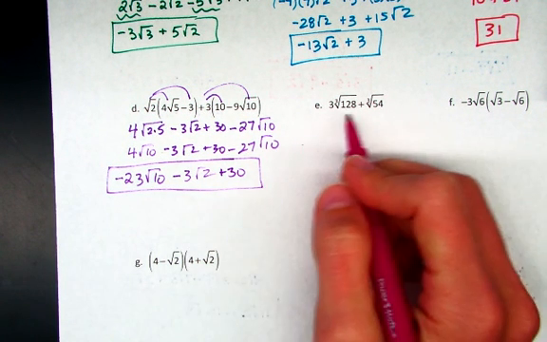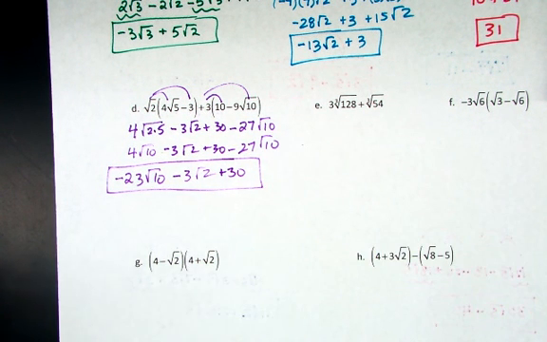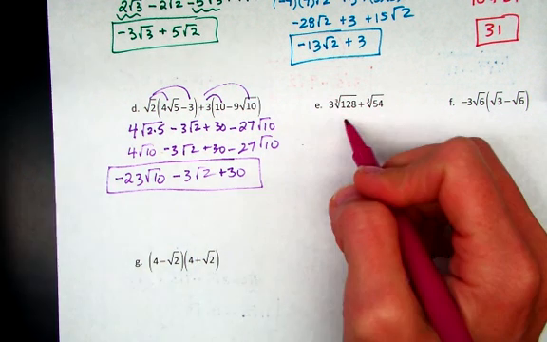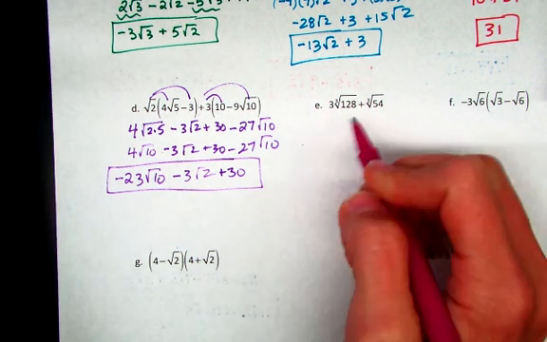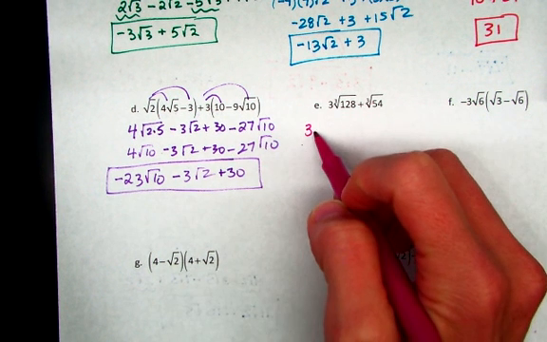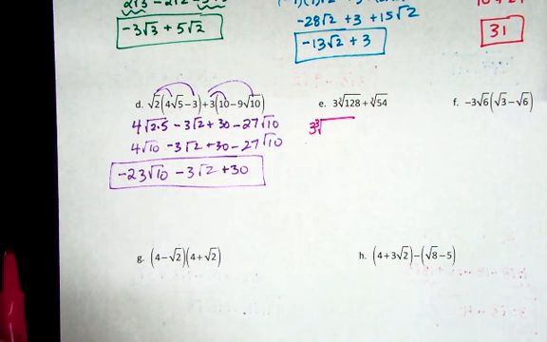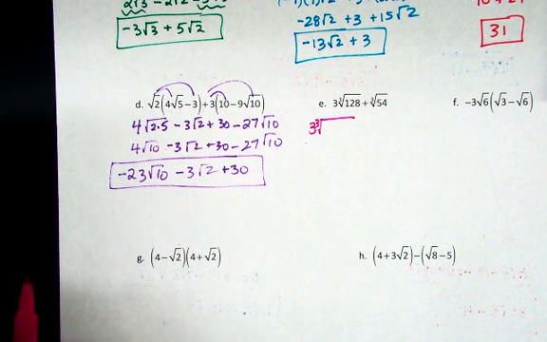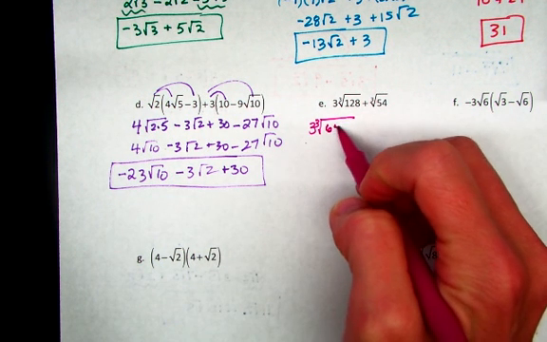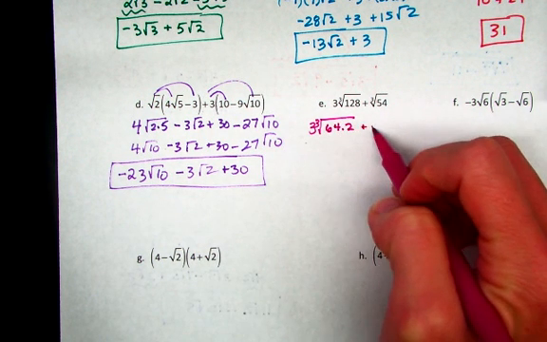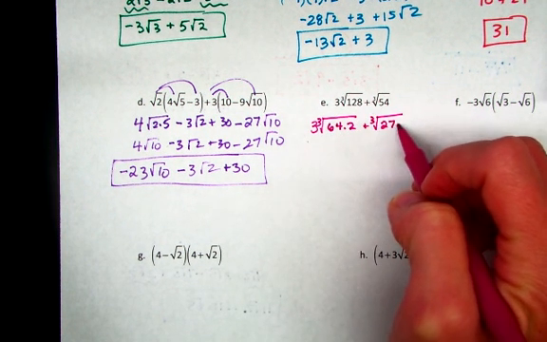Now these are both cube roots. All right, so this works a little bit differently. We have, let's see, 128, the perfect cube of 128. So what do we have? 3 cubed. All right, this is going to be 64 times 2 plus the cube root of 27 times 2.